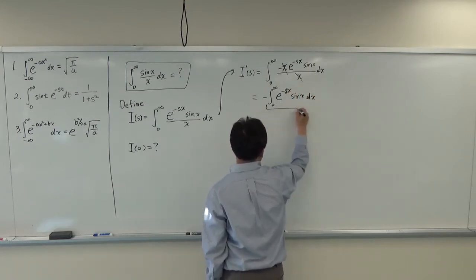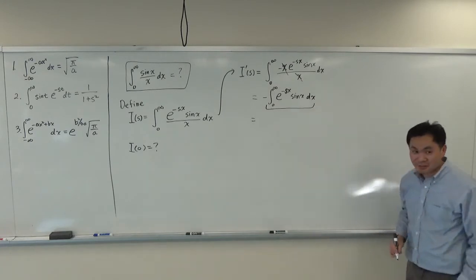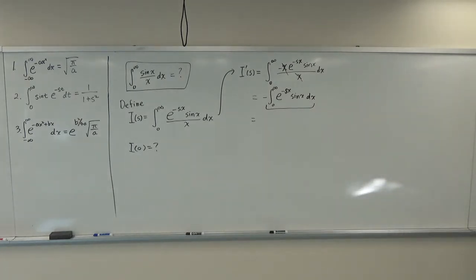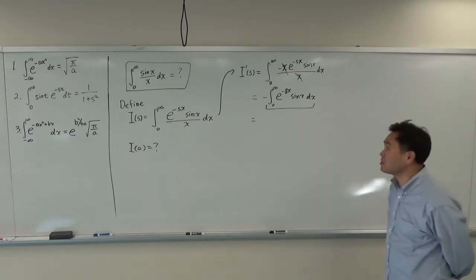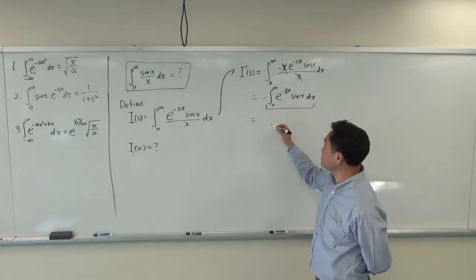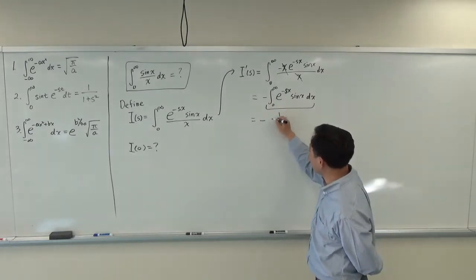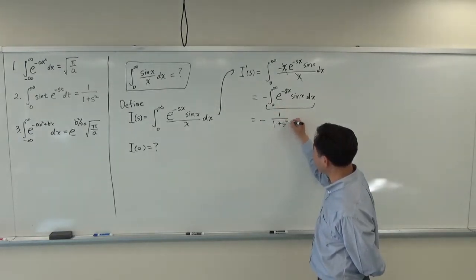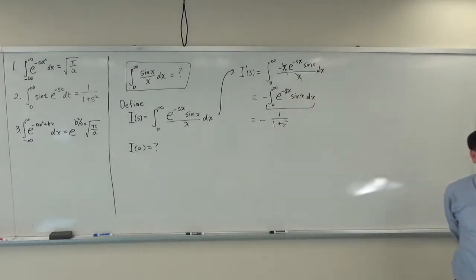Okay, where did we see this integral before? Number 2. It's number 2, right? Yeah. So what's the result of this? 1 plus s squared. Yeah, there's a minus in front, but it's 1 over 1 plus s squared. Right? Okay.